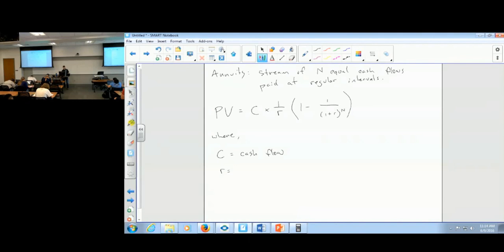C is the cash flow, R is the interest rate. N is the number of payments in the annuity.